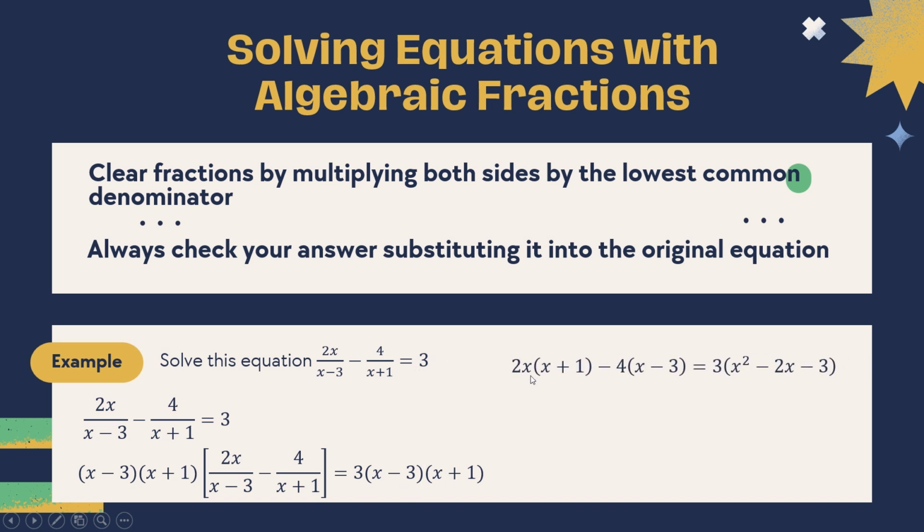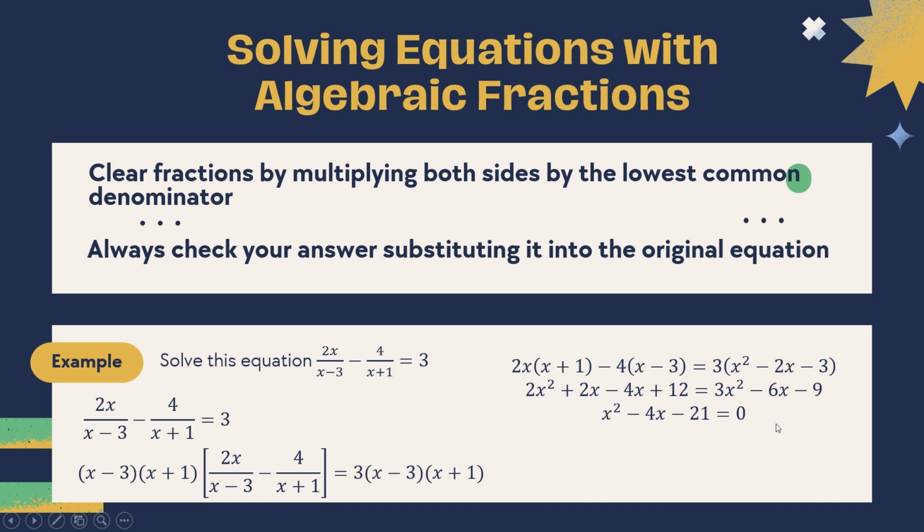So we got 2 times x plus 1 minus 4 times x minus 3 equals 3 times x squared minus 2x minus 3. Then multiply out, and we've got this. After that, move the left hand side to the right hand side.